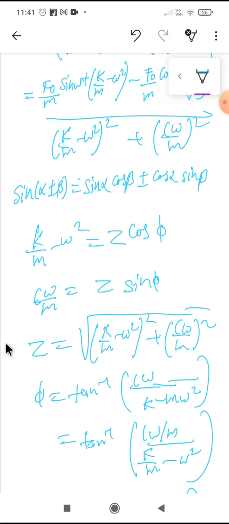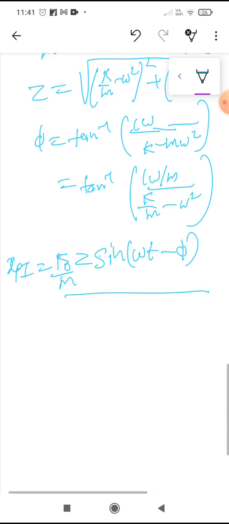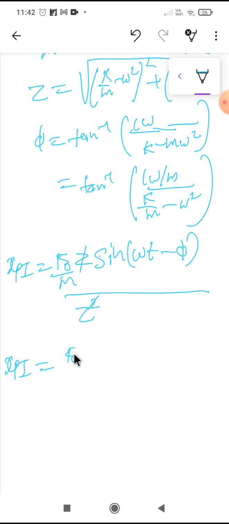If you take the square of z, you get this term similarly, so it will be divided by z square. Here the z gets cancelled, so you are left with f0 by m z. So our x pi is equal to f0 by m sine omega t minus phi divided by z.